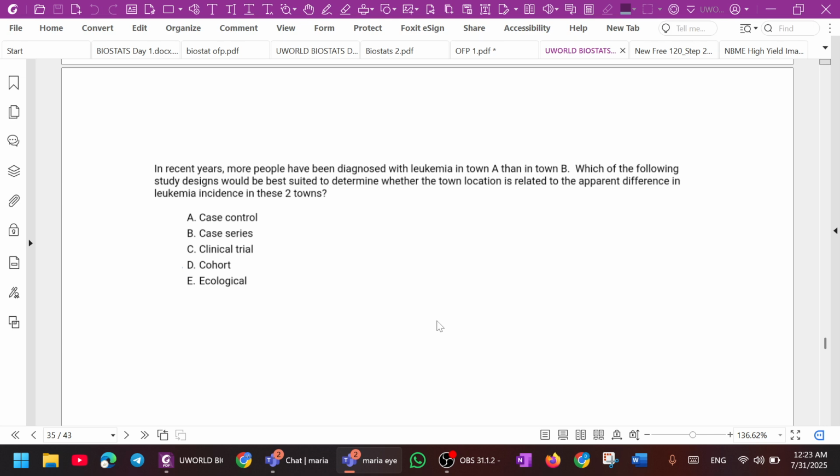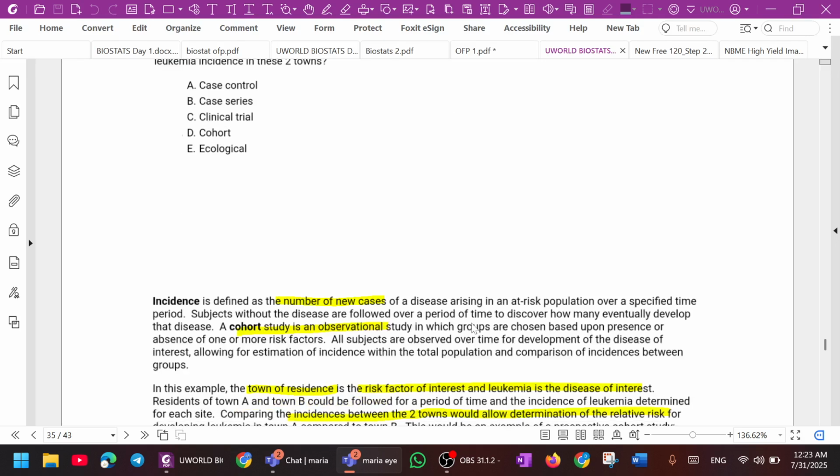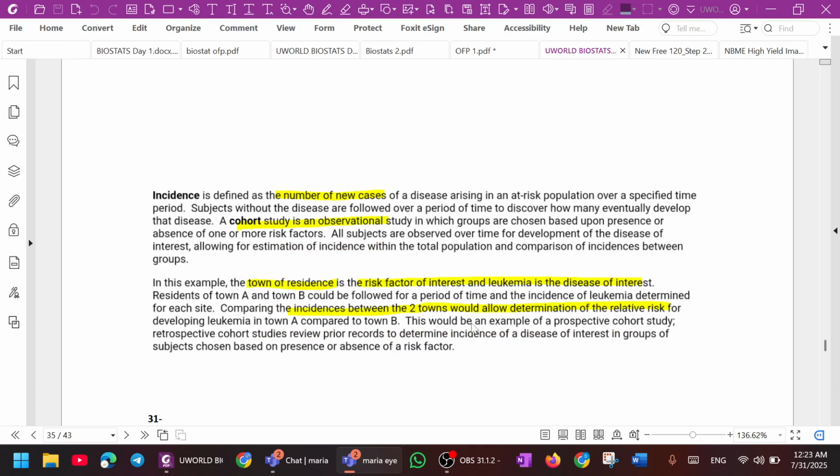It is not a clinical trial, right? It doesn't make sense. If you live in our country, there is a chance of having it. Let's be sure first, then say something. I think it's cohort. Let's read the answer.